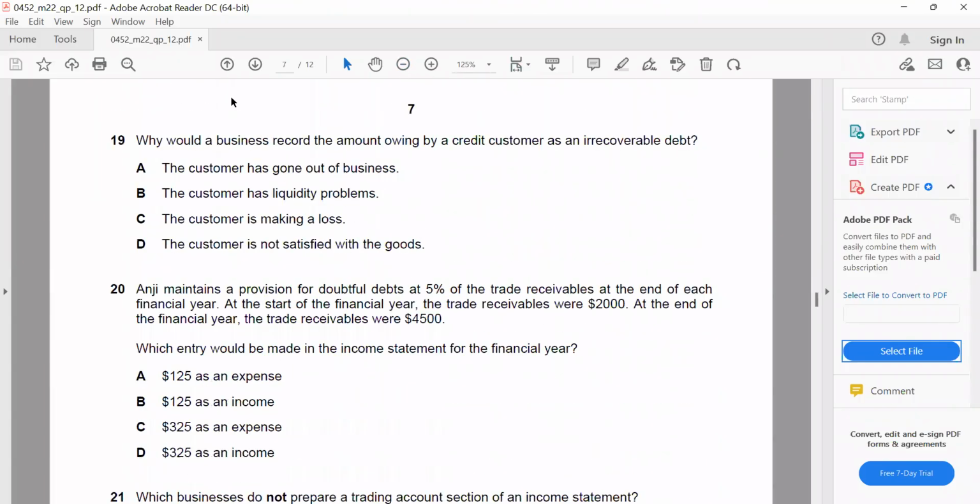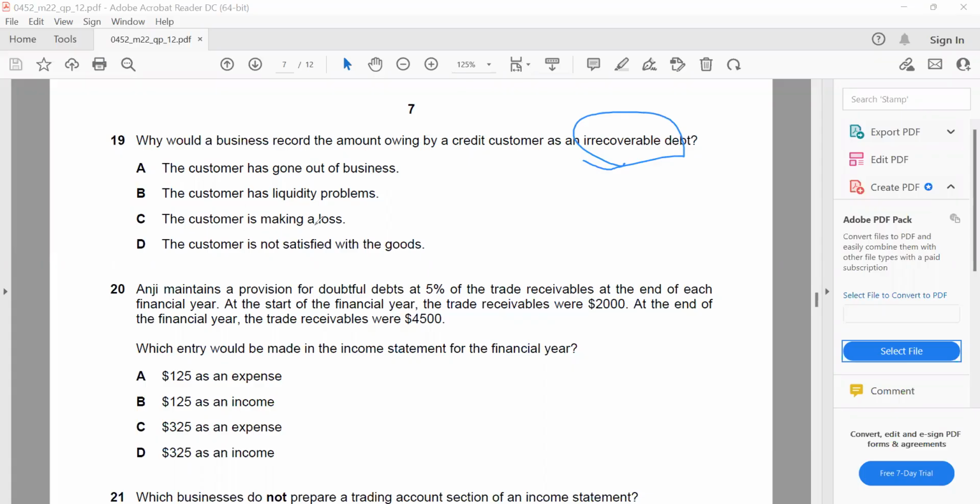Question 19. Why will a business record the amount owing by a credit customer as an irrecoverable debt? Irrecoverable debt is confirmed the customer won't pay. The customer has gone out of business. The customer has a liquidity problem. Liquidity problem means that they can't immediately pay, they may have a problem to pay.